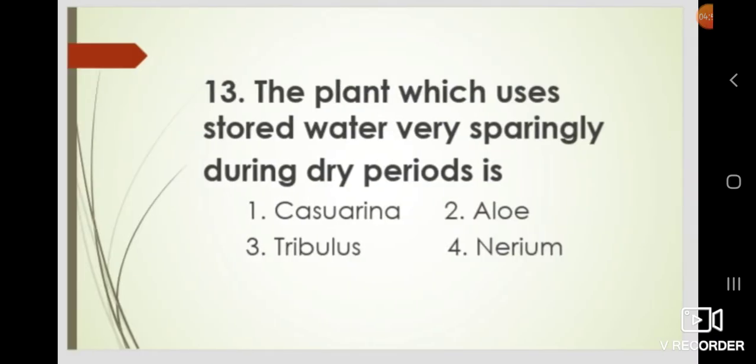Question number 13. The plant which uses stored water very sparingly during dry periods is. The right answer is aloe vera. The plant which uses stored water very sparingly during dry periods is aloe. That is second option.